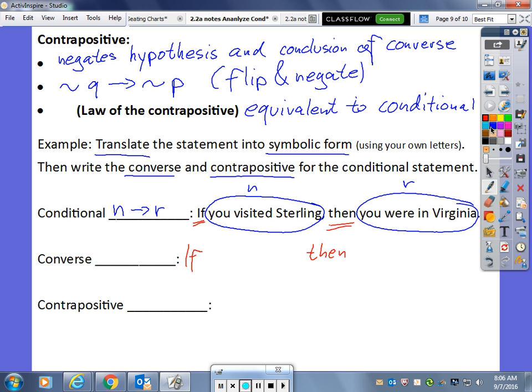So we're going to write, if you were in Virginia, I'm using the state abbreviation, then you visited Sterling.